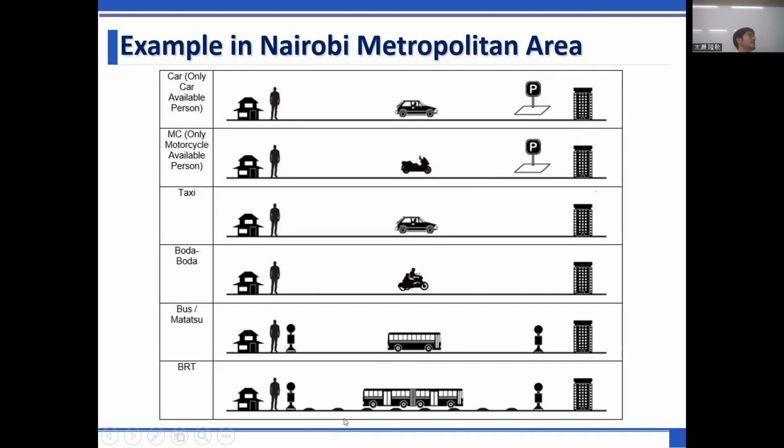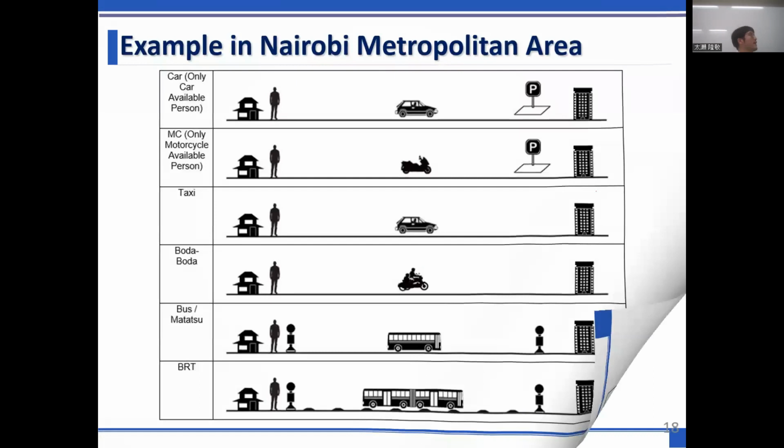Yes, in these cities, the BRT, which does not exist yet, will be an alternative of the mode choice.